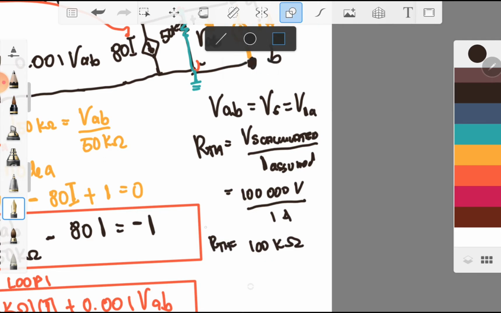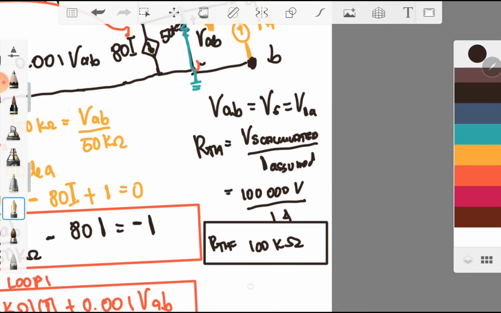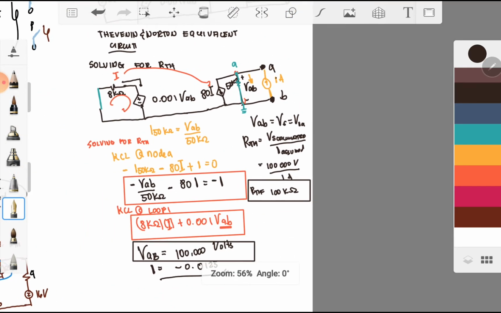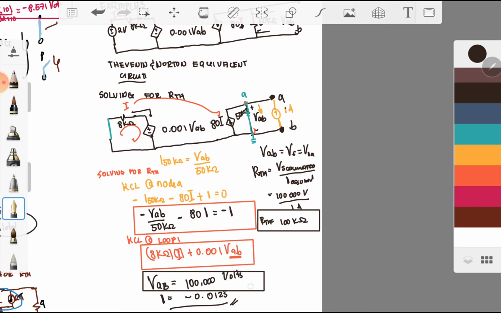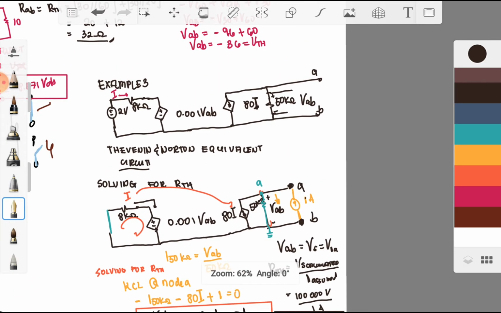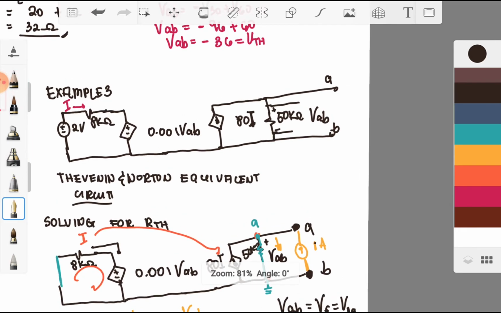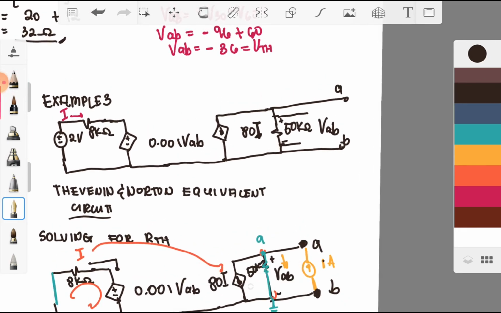Next is that we will solve for the value of our VTH. So let us focus on this circuit diagram. So take note that your AB is open. Open yan, di ba?